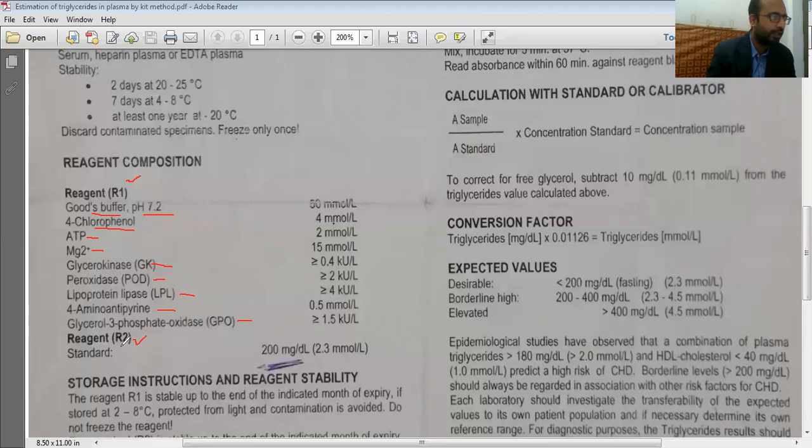And the second reagent is R2. It is the standard, meaning it has purified triglyceride, and its concentration is known. That's why it is a standard, and its concentration is 200 milligram per deciliter.